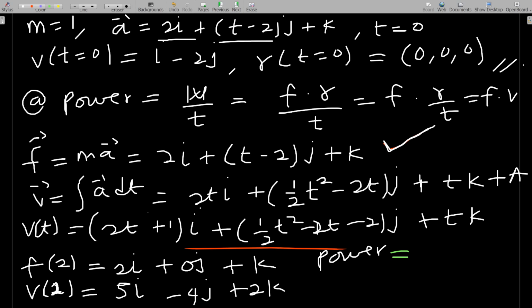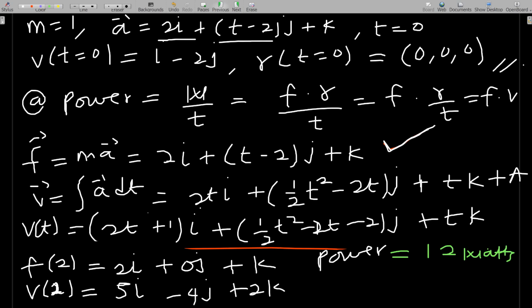The dot product of two vectors is just multiplying the components, then you sum them. 2 times 5 plus 0 times negative 4 plus 1 times 2. 2 times 5 is 10, plus 0 times 4 is 0, 1 times 2 is 2, so 10 plus 0 plus 2 gives me 12. So the power here is 12 watts.